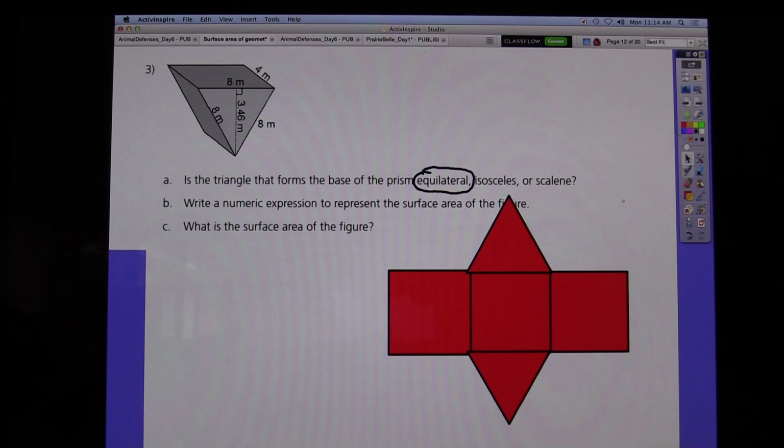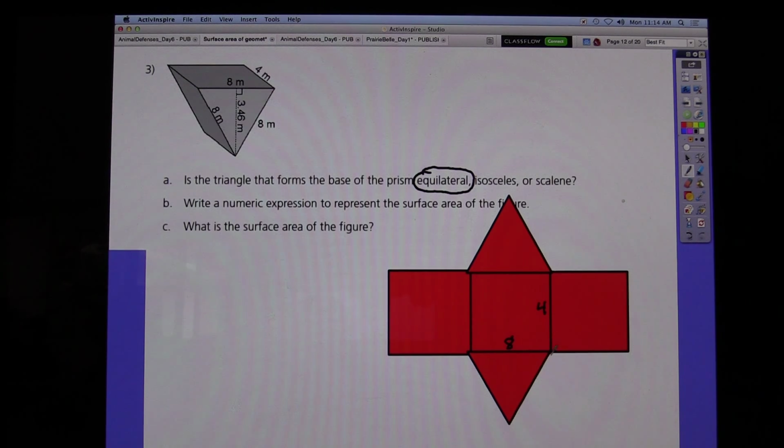It doesn't matter. Alright, now let's go ahead and write down the dimensions. I know that my rectangle here is 8 by 4. This is 8 and this is 4. So I can say then that this is going to be 8 meters and this is going to be 4. And one of the things I want to point out, I had a student, he made a comment earlier when I was showing how to make a net, and he said it didn't look right.